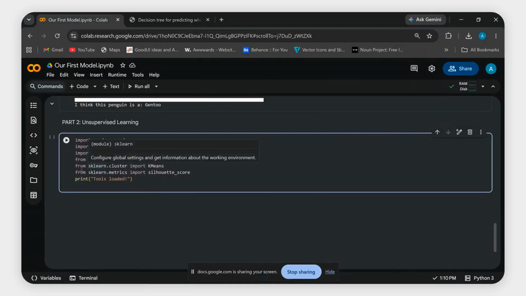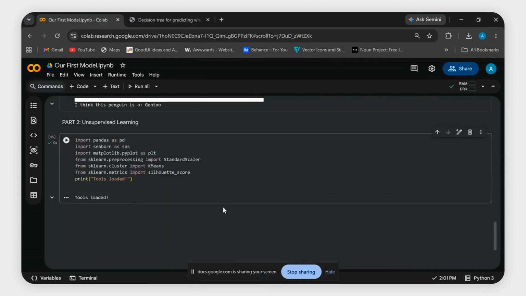The model we are importing is KMeans. This is our importation of modeling, and then we can see here the silhouette score. That is how we judge how good our clusters are. We'll come to that. So let's run cell one and print our tools.